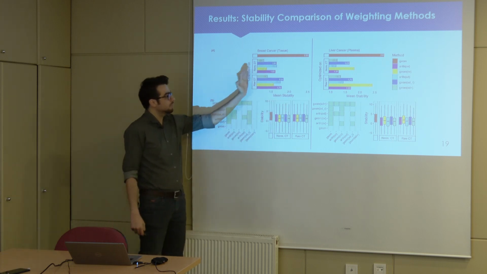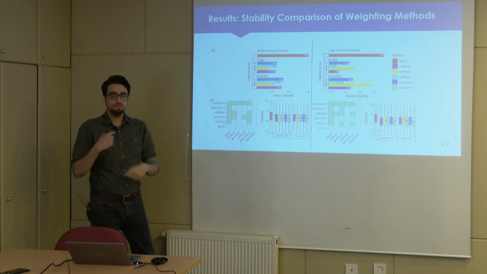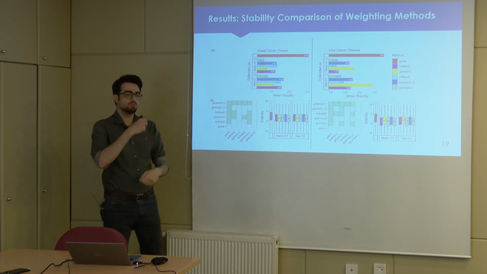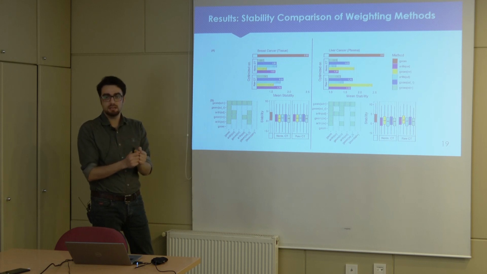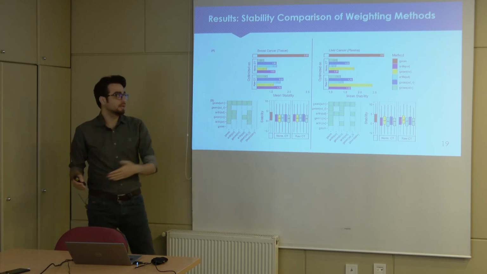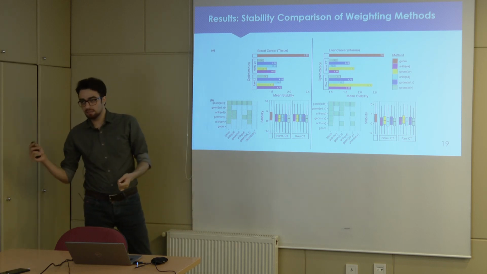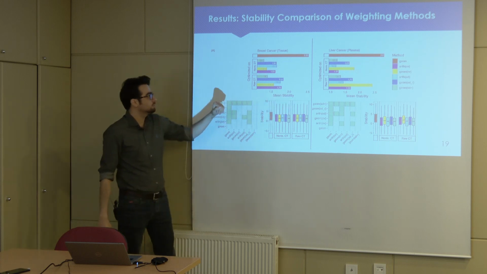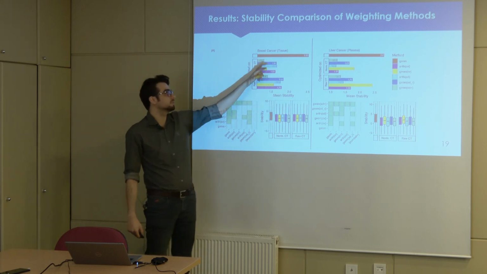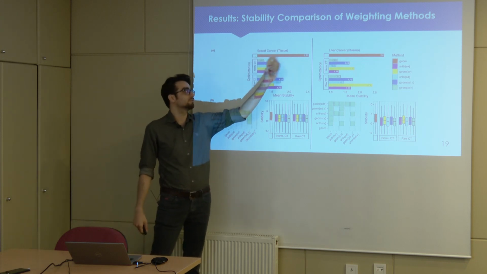And this bar plot shows the mean stability of every two combinations of reference genes. So we picked all of the combinations of genes in the data set, and we applied our method and other methods for normalization, and then we measured the stability, and this is the mean stability. As you can see, the GeoMSD method performs much better than the conventional method, which is the red one.